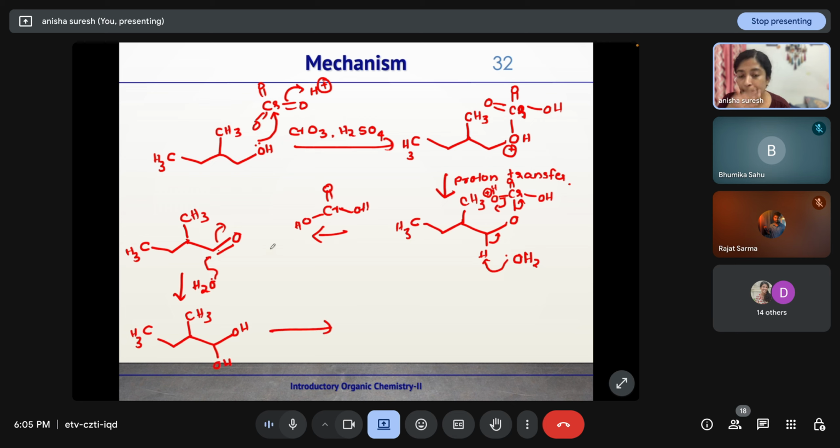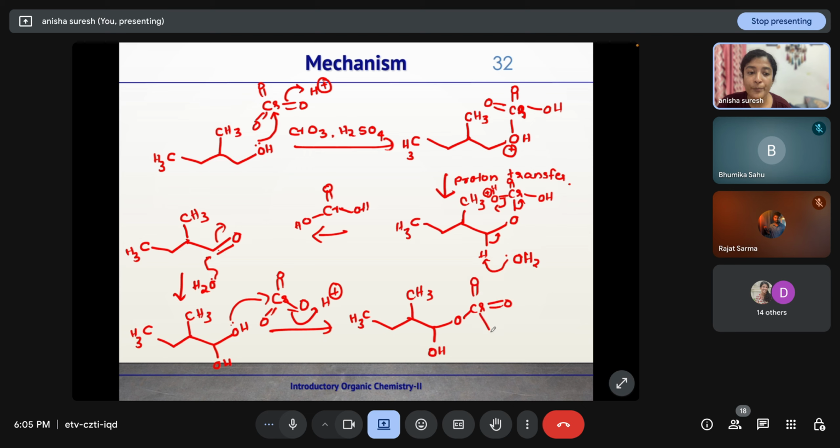Now the gem diol can react with CrO3 in similar fashion, leading to formation of CH3 CH, OH, O, Cr double bond O, double bond O, OH.